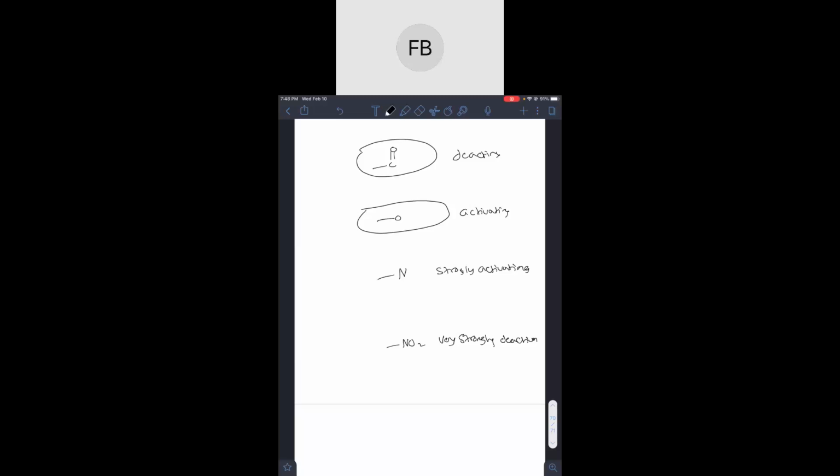When we have a C connected to an O or another thing that is strongly electronegative, it's deactivating. Again, I don't really like that rule because if you go up to the top of the list, the thing is that you understand what you're saying.